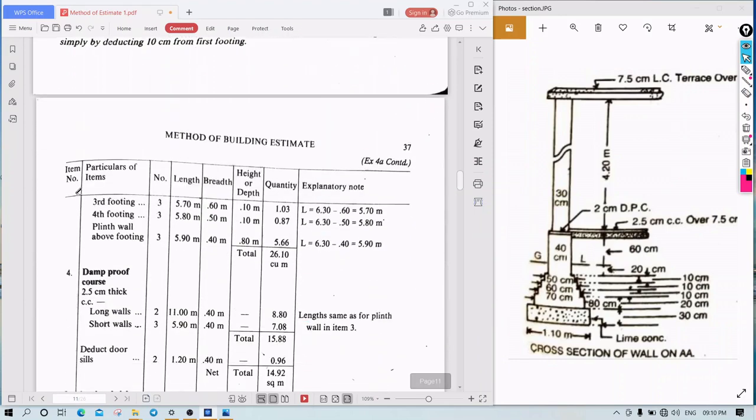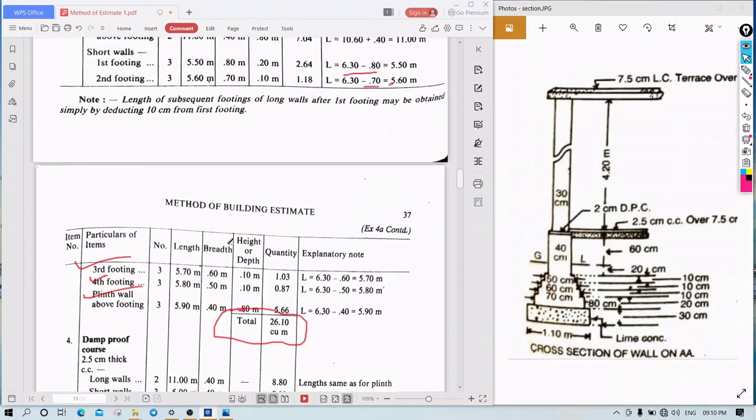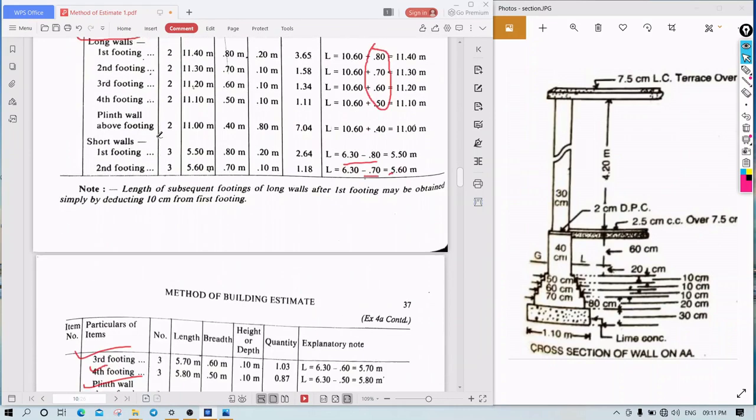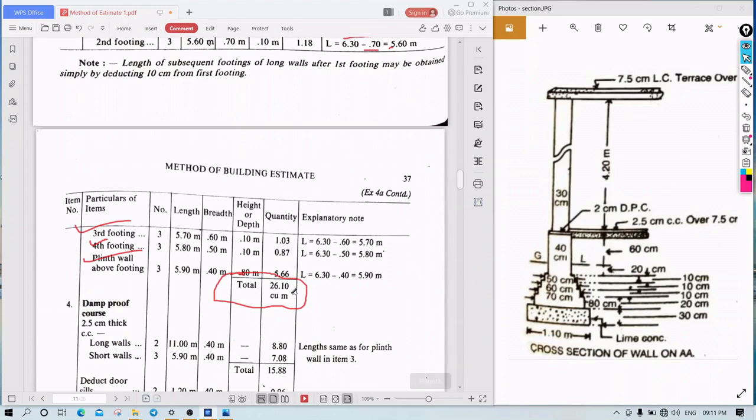Fine. Similarly, third footing, fourth footing, and plinth wall above footing we will get. Once we get all the things, we need to add all the quantities to get the total quantity. Okay, for the first class brickwork in 1:6 cement mortar in foundation we will get that is 26.10 cubic meters.